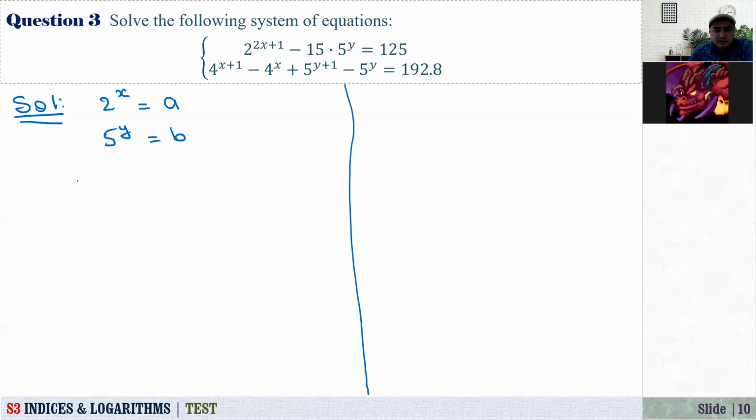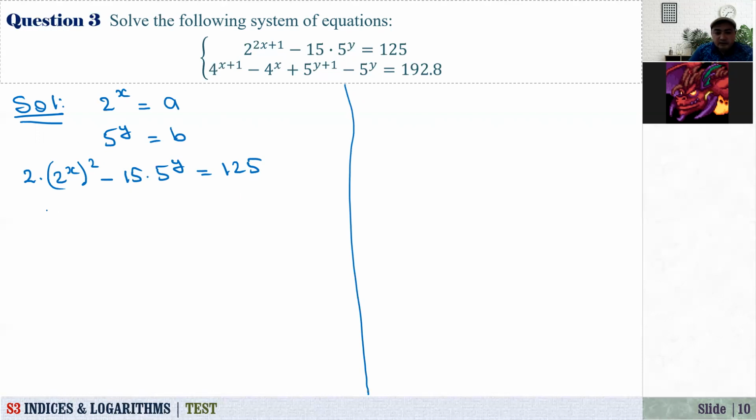The first one is, I can write it as 2 times 2 to the power of x squared minus 15 times 5 to the power of y, which is equal to 125.